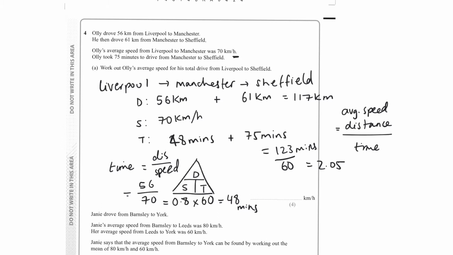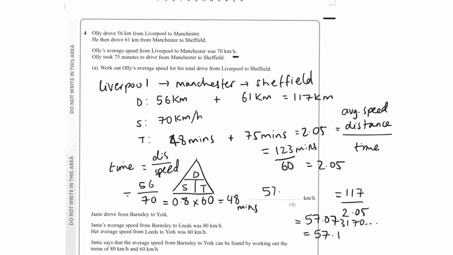So then we know the total is 2.05 hours. To work out his average speed, we need to do 117 divided by 2.05. That should give you an answer of 57.073170, and so on. But rounded to three significant figures, it would be 57.1.